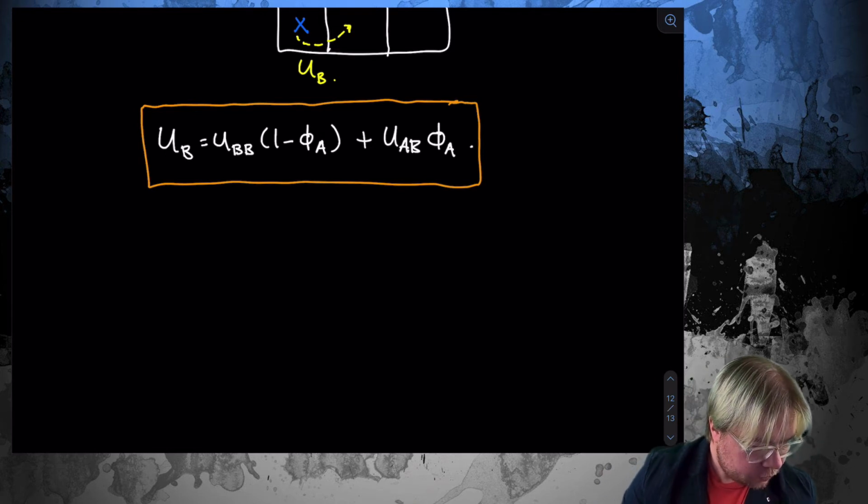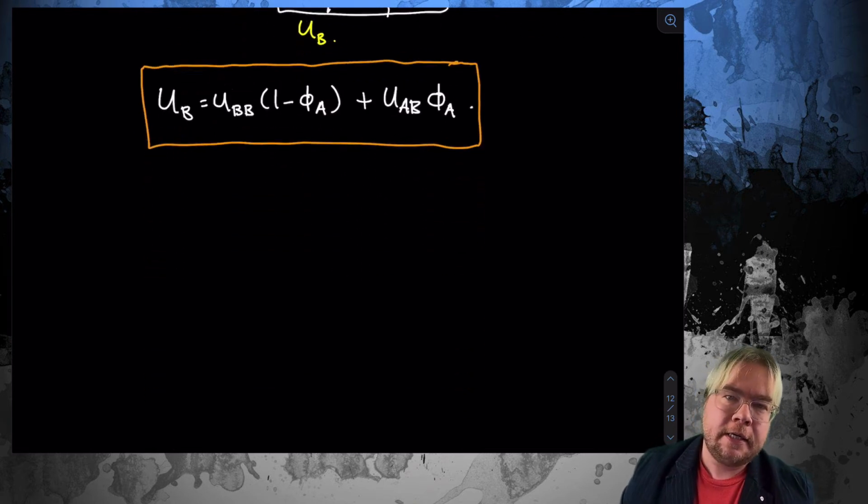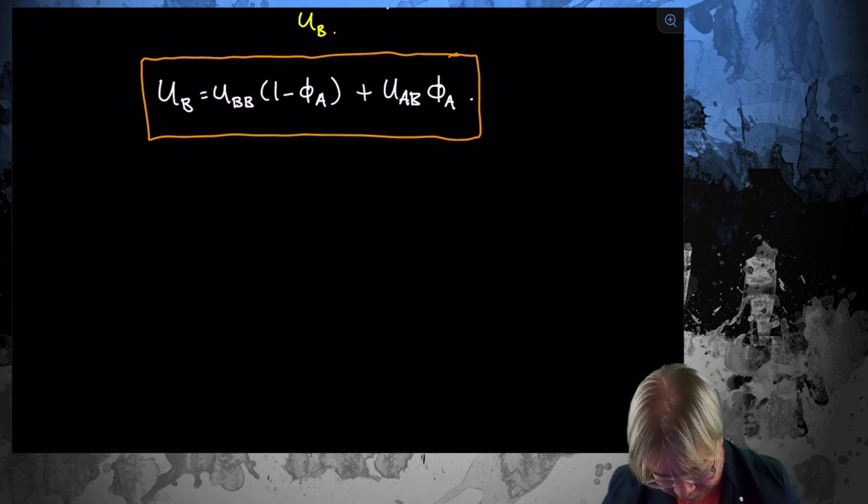Okay, so I've got that. That's for a single site. Now I have to look at how many of these things I'm going to have overall. So I have to sum up all of the A particles and their interaction energies.